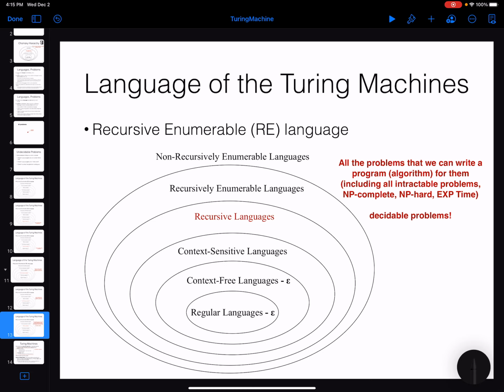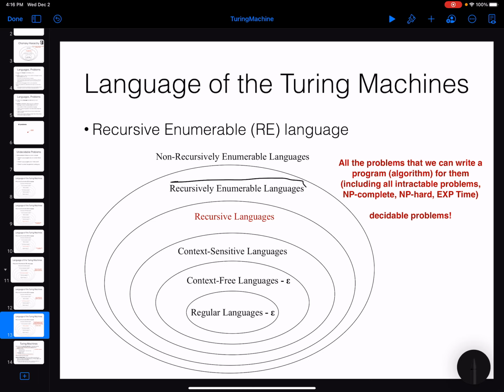The recursive languages are represented using Turing machines. So if a language is a recursive language, you should be able to design a Turing machine for it. But the Turing machines are not only going to represent the recursive languages, they are also going to represent another set, which is a superset, the recursively enumerable languages.